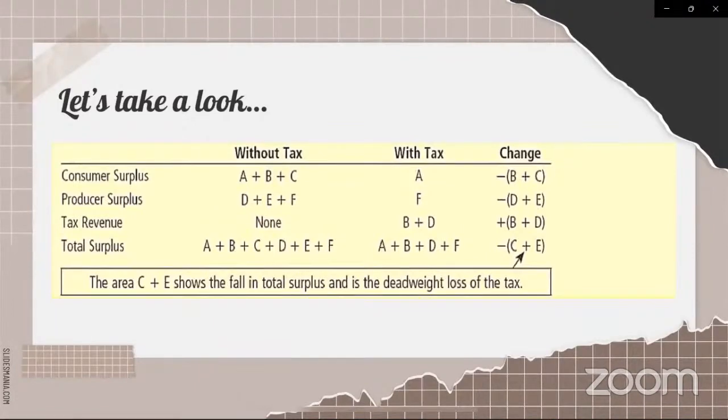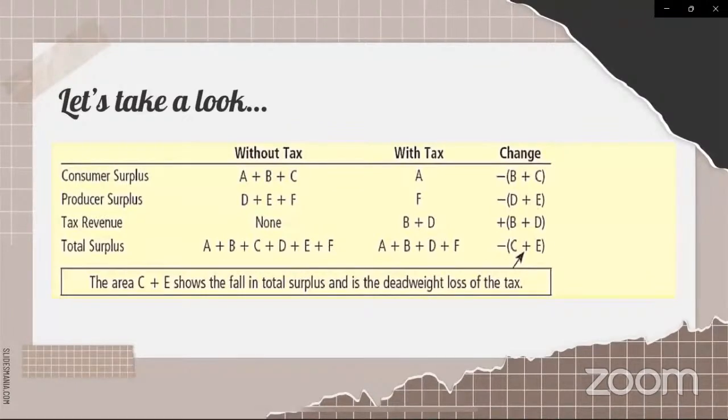The change in total welfare includes the change in consumer surplus, which is negative, the change in producer surplus, which is also negative, and the change in tax revenue, which is positive. When we add these three pieces together, we find that total surplus in the market falls by the area C plus E. Thus, the losses to buyers and sellers from a tax exceed the revenue raised by the government.